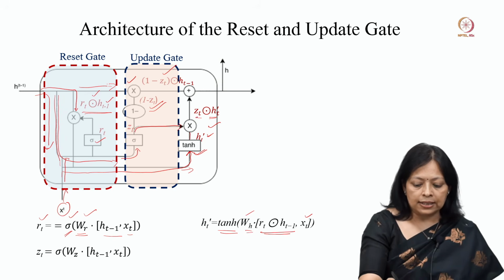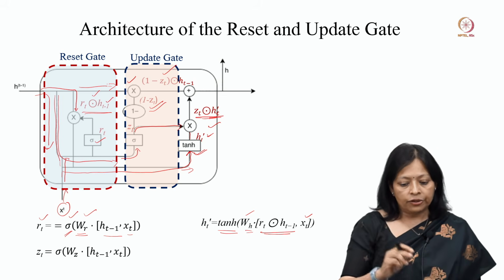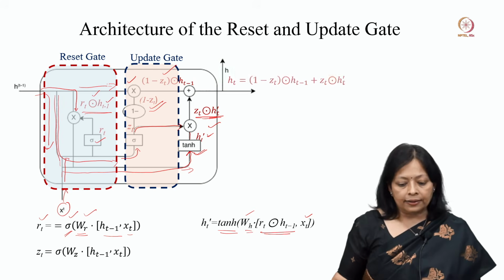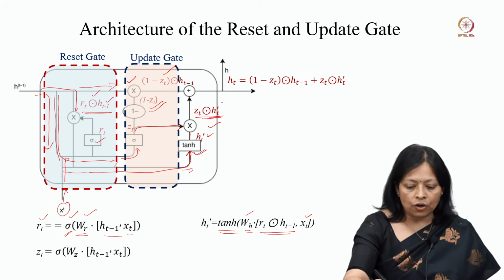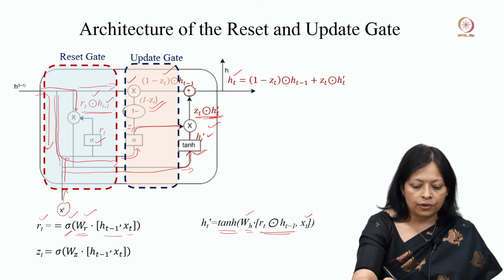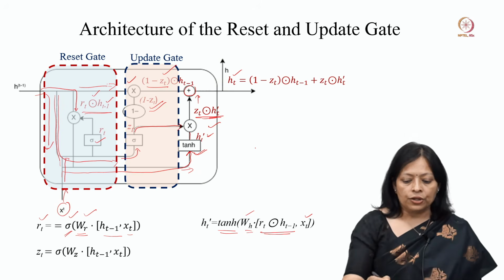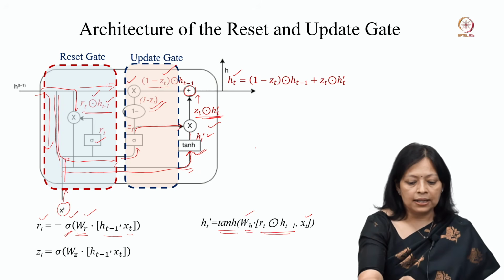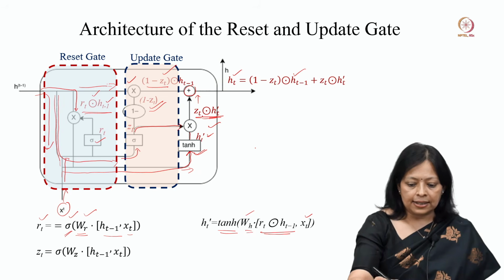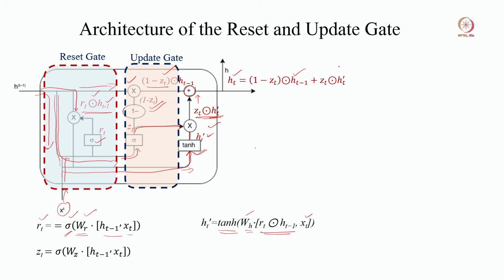So, we get element wise multiplication of ZT into HT prime, and then whatever output we are getting is a summation of whatever was coming from here and whatever is going from here. So, HT equals 1 minus ZT multiplied by HT minus 1 plus ZT multiplied by HT prime.